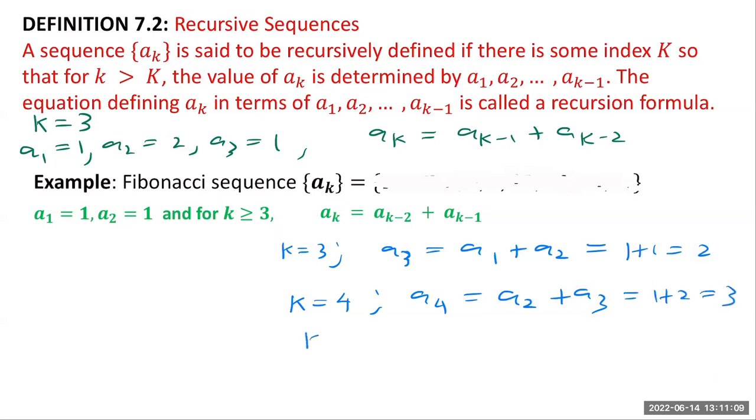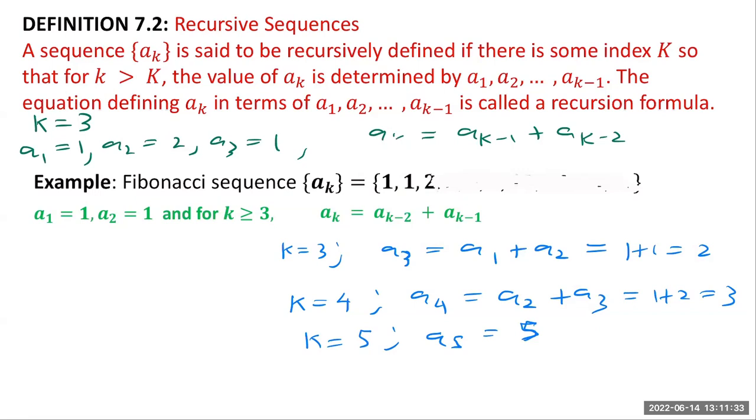So on and so forth, you can calculate the remaining terms of the sequence using this recursive formula. To find A5, you plug in k equal to 5 in this formula everywhere, and that will give you A5 to be 5. You can recover all the terms of that sequence.